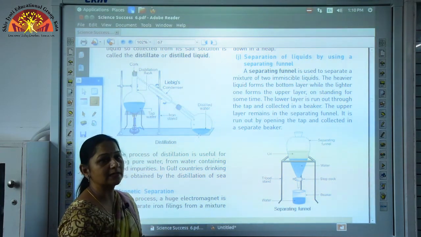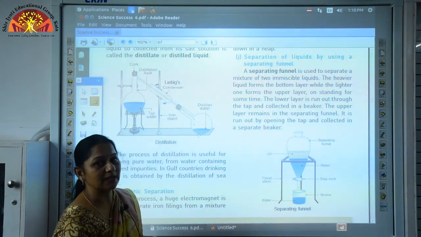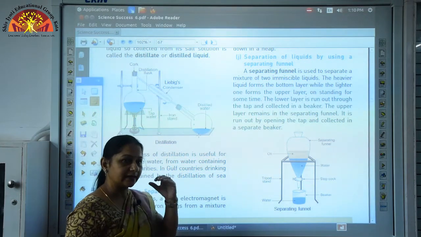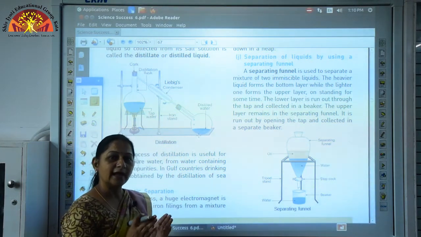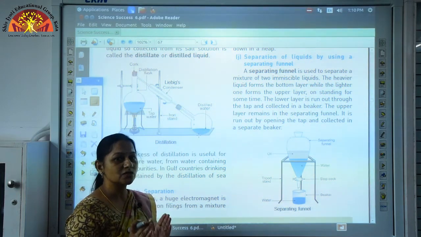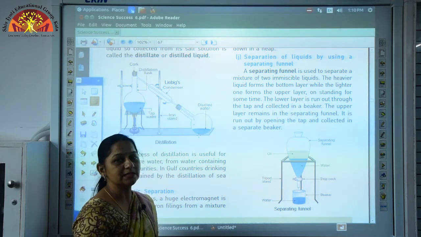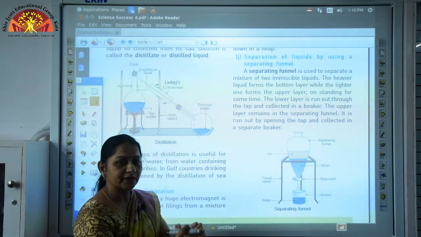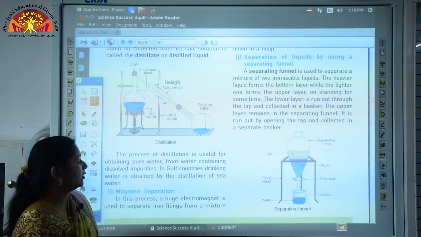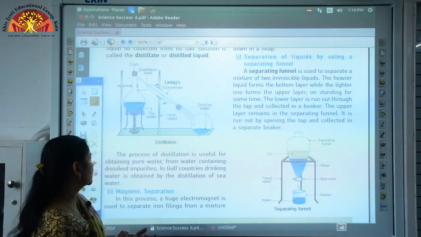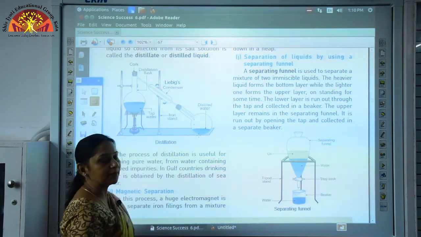When this electromagnet comes in contact with scrap, all the magnetic particles get attracted towards the electromagnet, and then it is removed, and as soon as the current is switched off, the iron filings or the magnetic materials are separated out into another heap. So, this is a method where we use an electromagnet to separate the magnetic substances using magnetic separation.